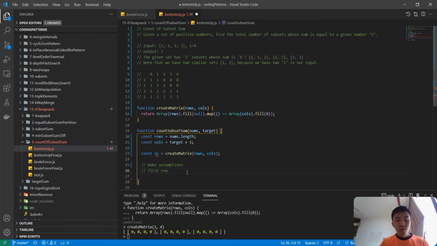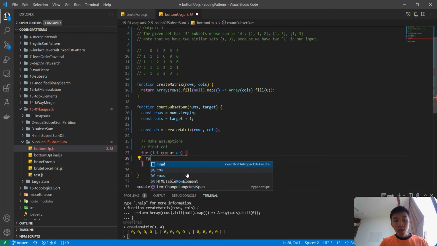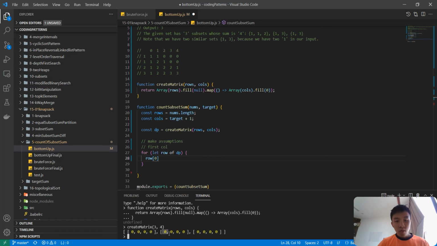So my assumptions would be first column first, right? So for each row of dp, I will update the first item in each row. It will be 1, right?